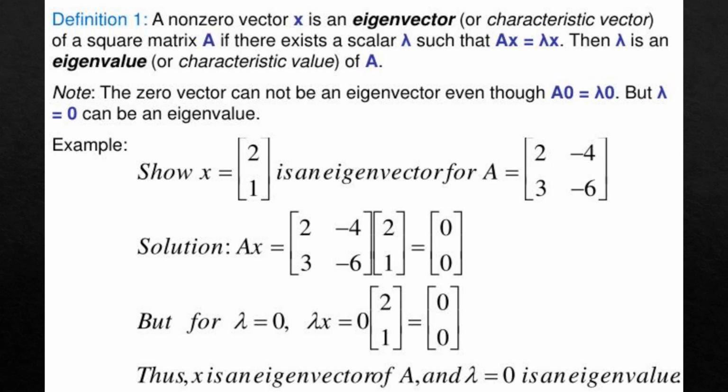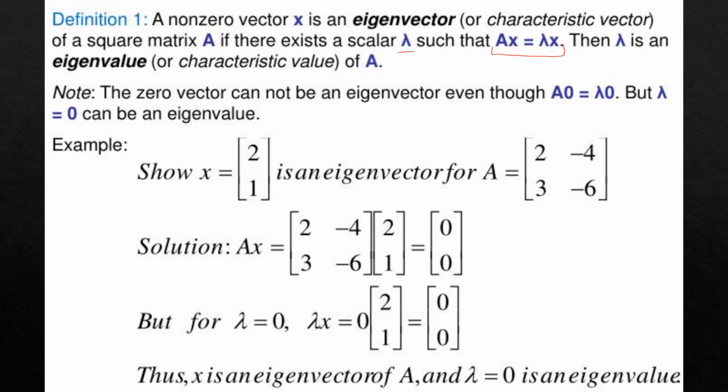Whenever we compute eigenvectors, we require a square matrix. My data matrix must be square, and there exists a scalar quantity, the eigenvalue, that satisfies this equation. The eigenvalue can be 0, whereas the eigenvector cannot be 0.